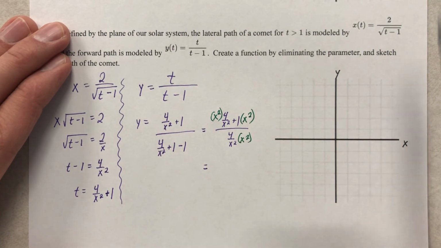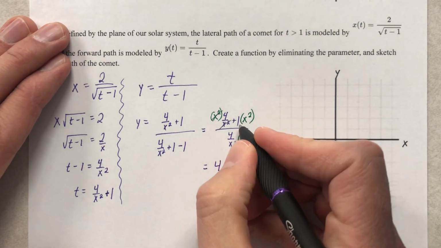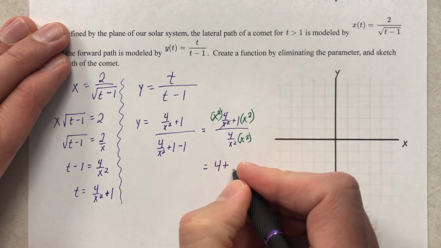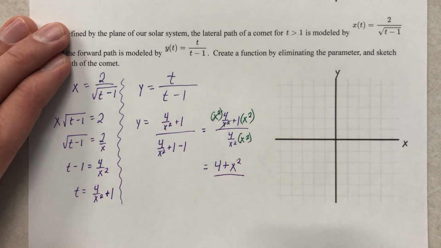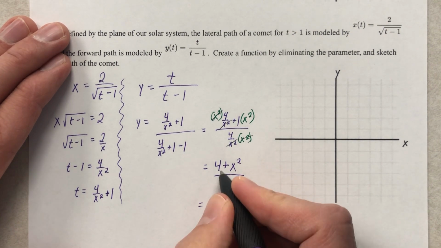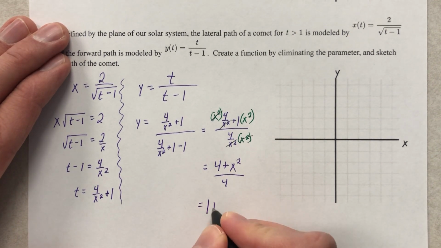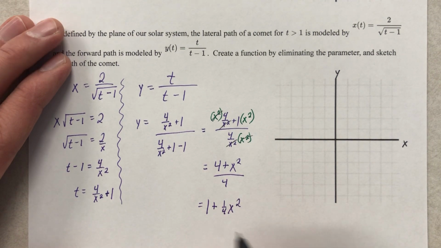So here goes. X squared cancels, and I have 4 plus 1x squared over, and then x squared cancels, and I have 4. And I am now left with 1 plus x squared over 4. We'll call it 1/4 x squared.